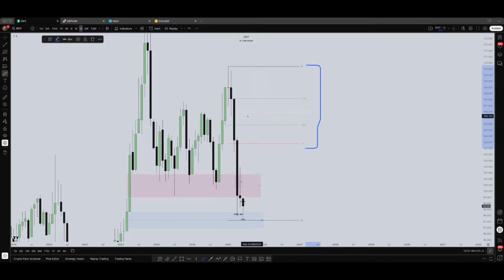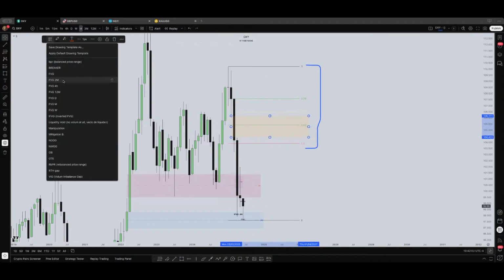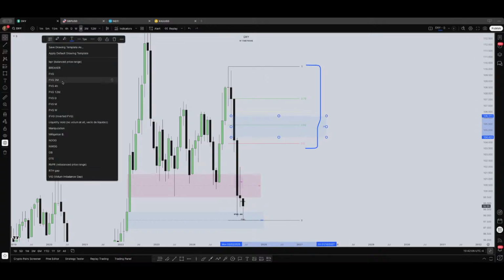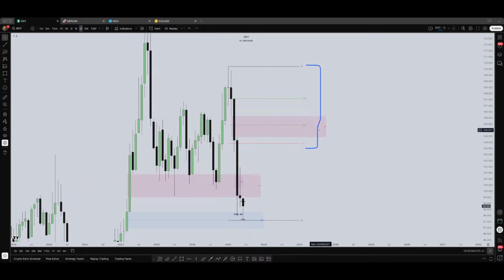You can see here in the monthly chart we have this fair value gap. Also here we have this imbalance. Okay, this is a monthly fair value gap.